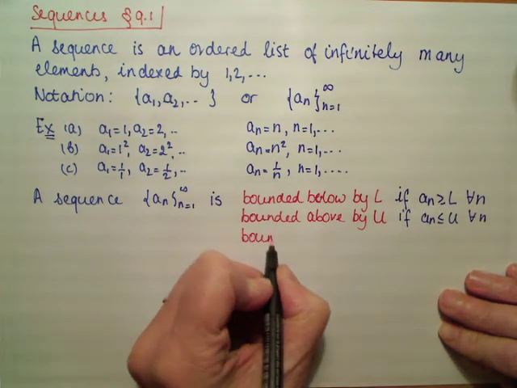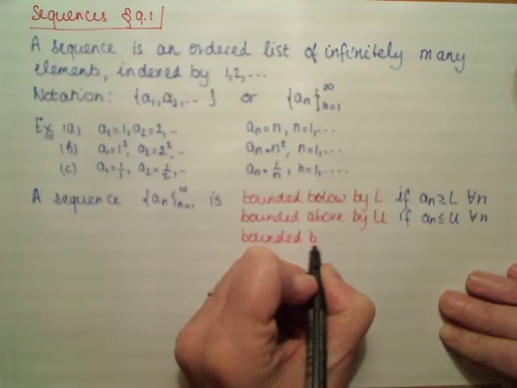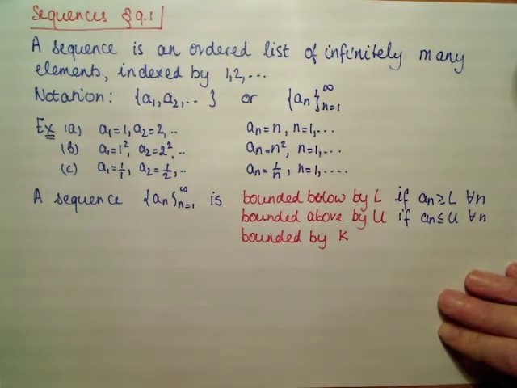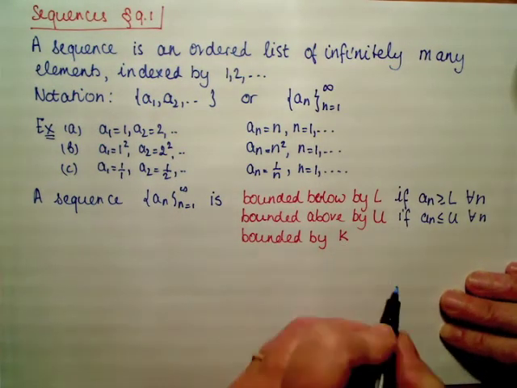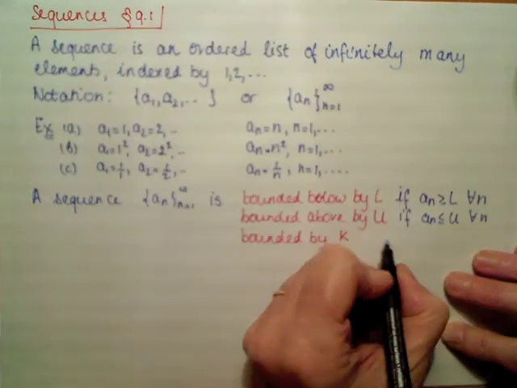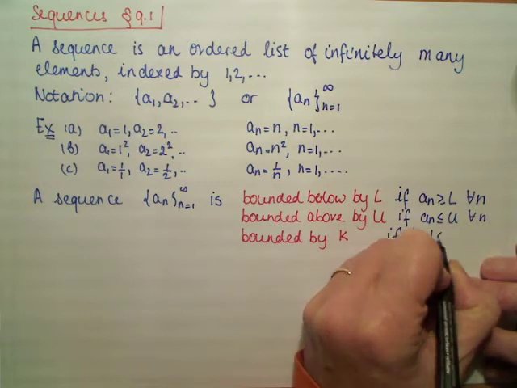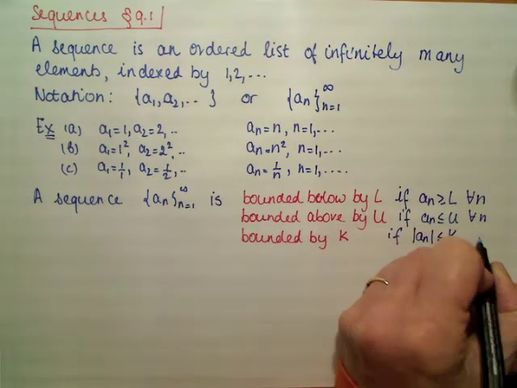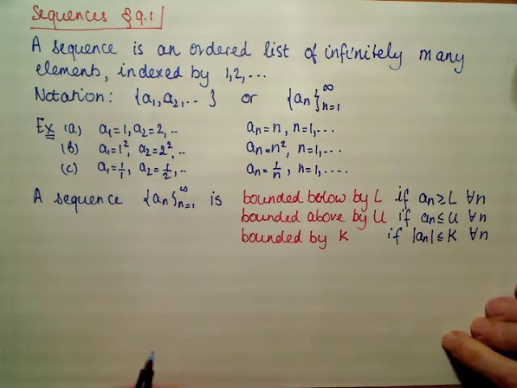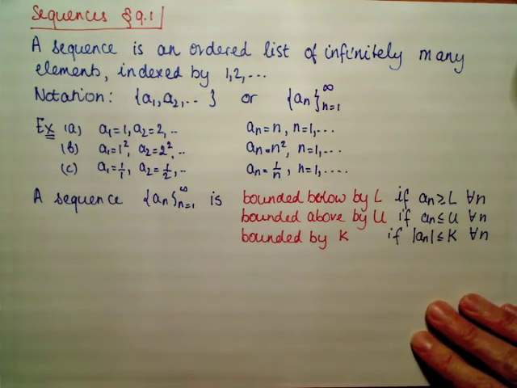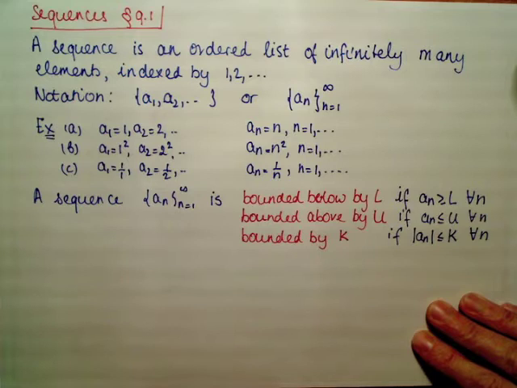We can also bound it by a constant k if it is bounded above by k and bounded below by minus k, or in other words, if the absolute value of An is less or equal to k for all indices n.